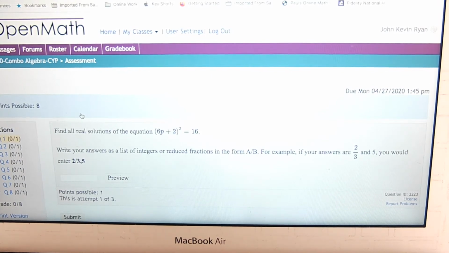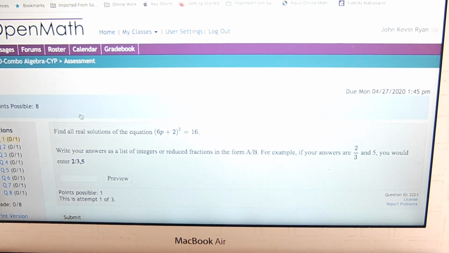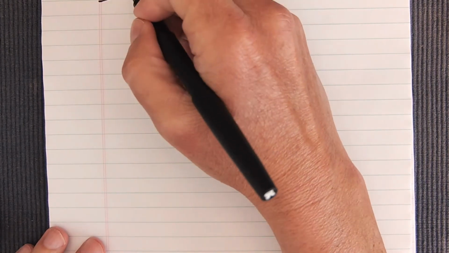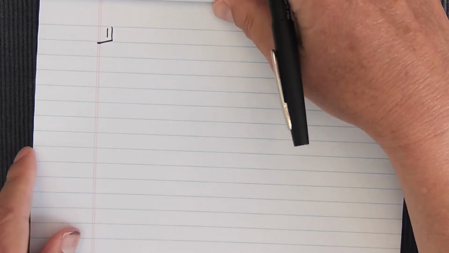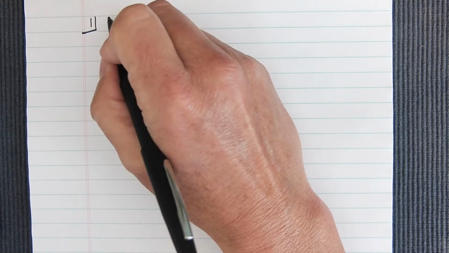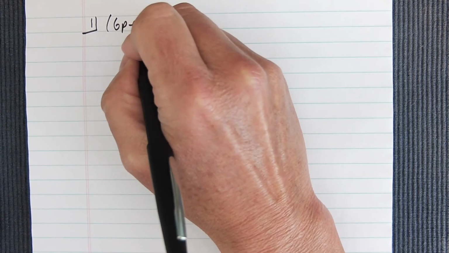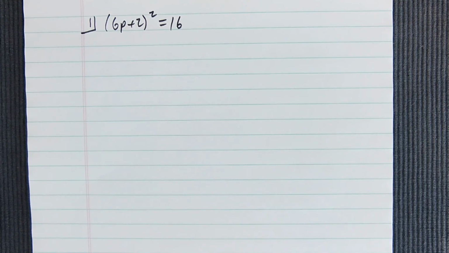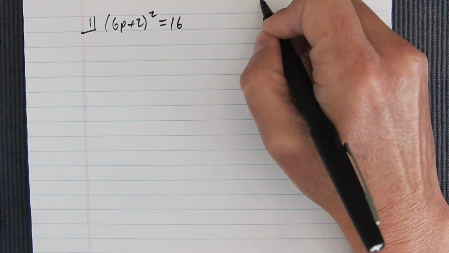That's why we did no quadratic functions. So you just need the equation there. So this is number 1. And again, your number 1 will be different than mine as far as the numbers go, but the types of problems should be the same. So 1 is... There's a rule that I taught last time.